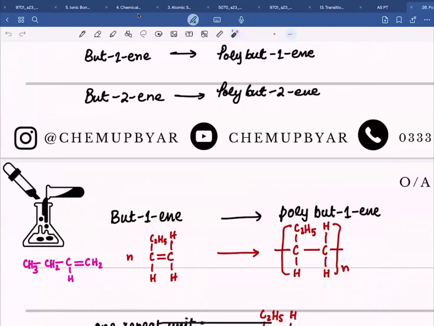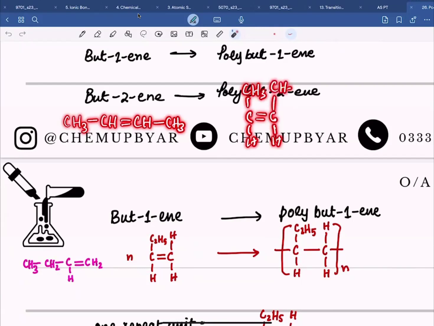Now, if you have a butene, CH3, CH, double bond, CH, CH3. If I have to show the polymerization, I will make the double bond carbons in the middle. The carbon on the left of the double bond has a hydrogen and a CH3, and the carbon on the right of the double bond has a hydrogen and a CH3, right?